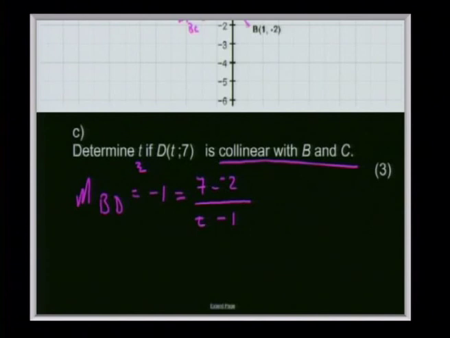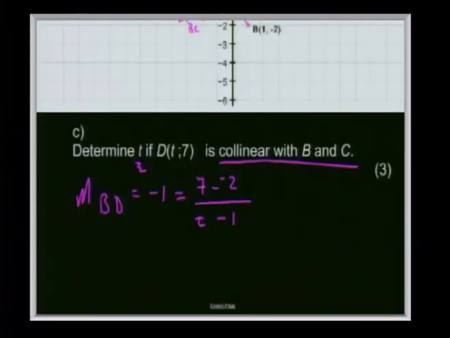I've now set up my equation through knowing that if points are collinear, the slopes between them have to be the same. So multiplying this out, I get -1 into T minus 1 is equal to 7 plus 2. Negative T plus 1 is equal to 9.